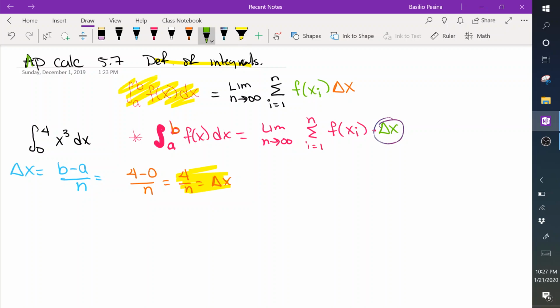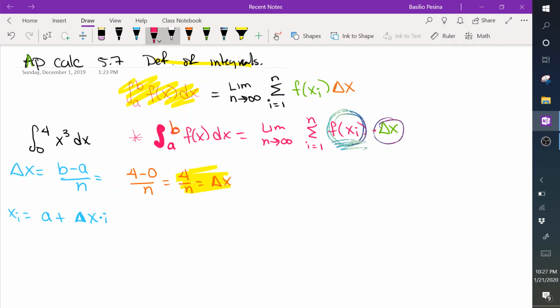The next part that I want to find is the height of each individual rectangle. That is given to me as x_i equals a plus delta x, our change in x, times the term that we're doing first. So it's i being 1, i being 2, and so on up to the amount of rectangles.